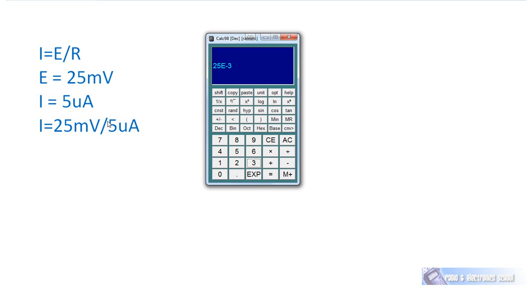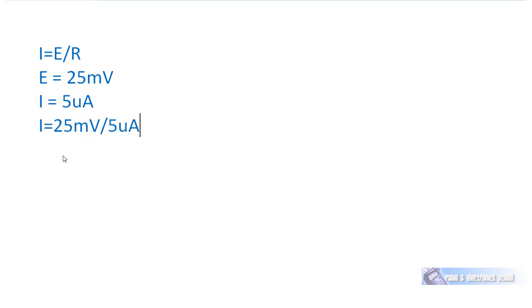Now we have to say divide by 5 microamps. Micro is 10 to the minus 6, a millionth, so it's 5 exponent minus 6, and we press equal to get our answer, and the answer is 5,000 ohms, 5,000 amperes.